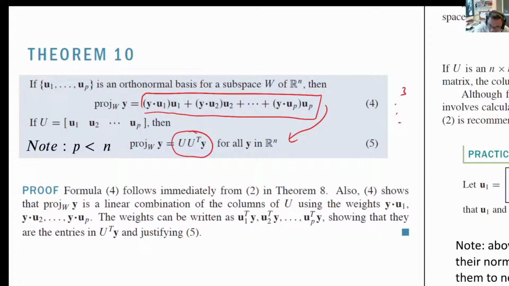Let us first write the equation in more compact form. Projection of y onto W is equal to the sum of i equals 1 to P of y dot ui multiplied by ui.